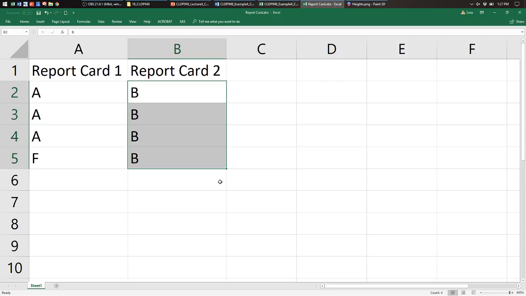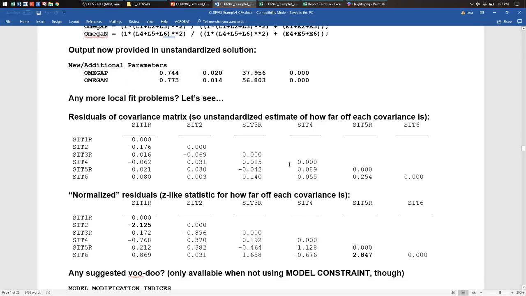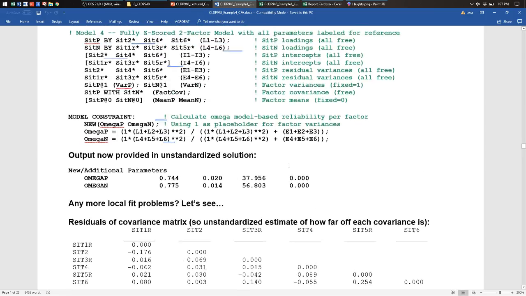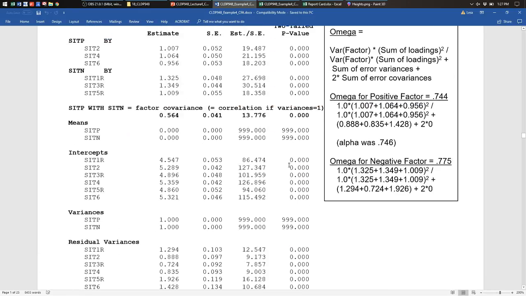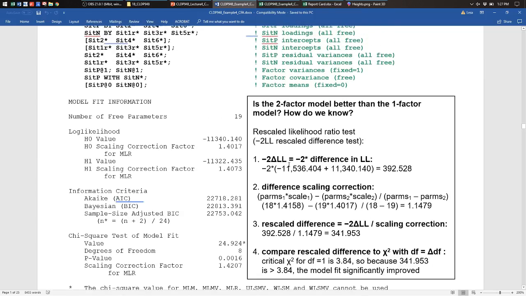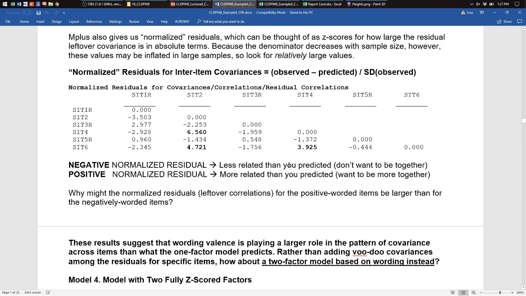Unfortunately, a lot of the time it looks more like B, where there's just sort of misfit all over the place, but there's nothing that's big enough to be the problem of misfit. But the idea of local fit is to look at the difference between the covariance matrix that you predicted with your model and the covariance matrix in the data and look at the specific differences.